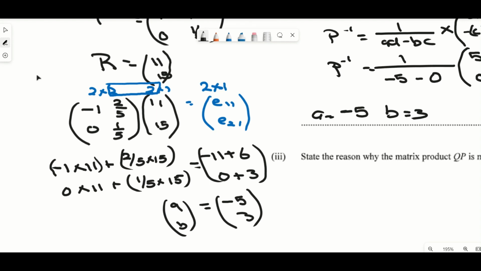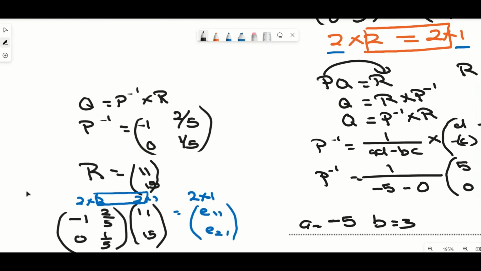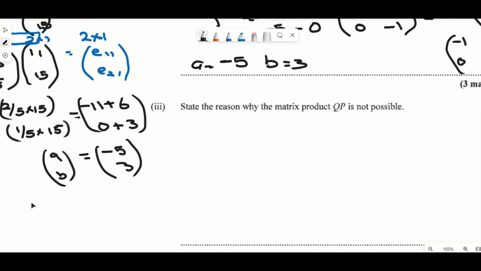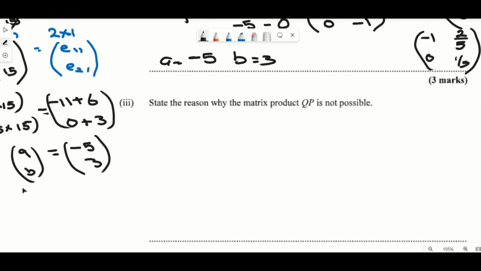And that would be the second part of the question. Right, now let's see if we can do the third part. State the reason why multiplying P by Q is not possible. So as we know, the order of matrix Q was 2 by 1, and P was a 2 by 2, right?